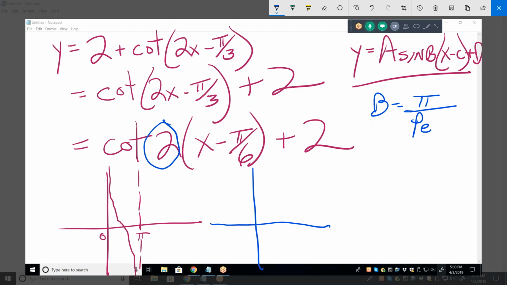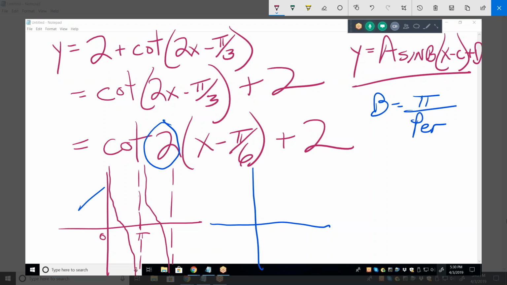It's not 2 pi. Notice that 1 complete period of my cotangent curve goes from 0 to pi. If I were to draw another one, another period of it would look like this. But that's a second period. It's not the other half of the first period.